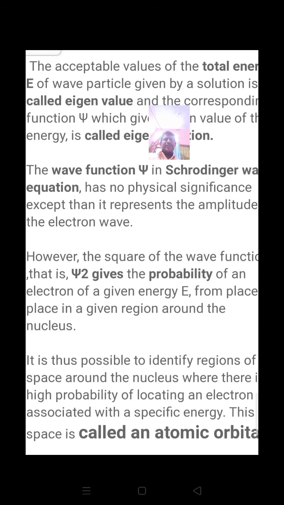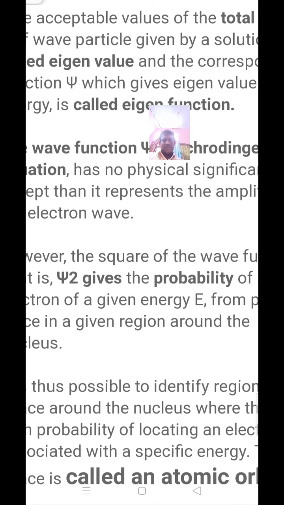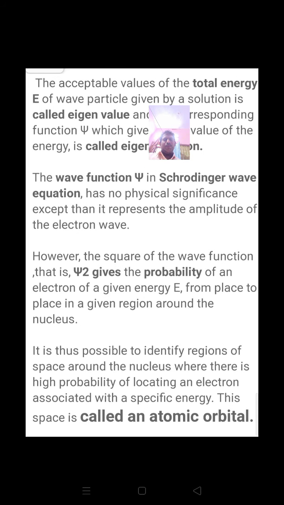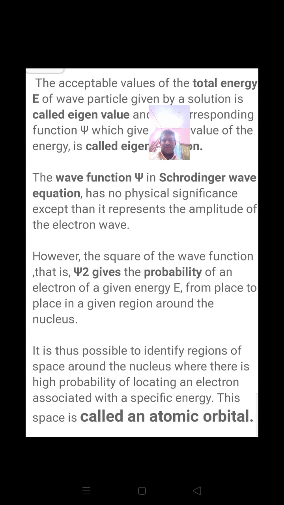The square of the wave function is represented by psi square. Psi square gives the probability of finding an electron of a given energy E from place to place in a given region around the nucleus.